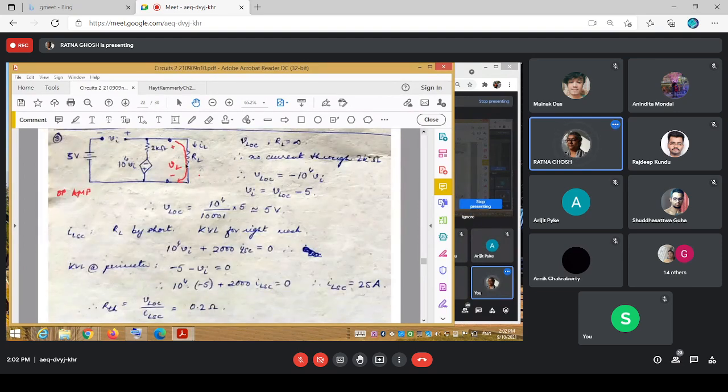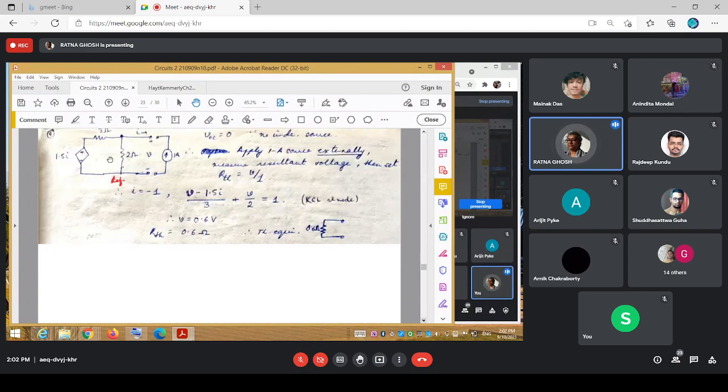In this case you had one independent source and you moved forward. But here, because you have no independent source, you have only an RThevenin, nothing else. But how to determine that RThevenin? In order to do that, this is the system that you're using.